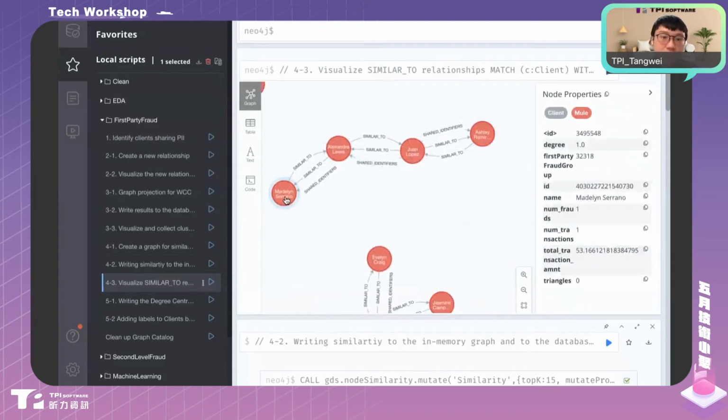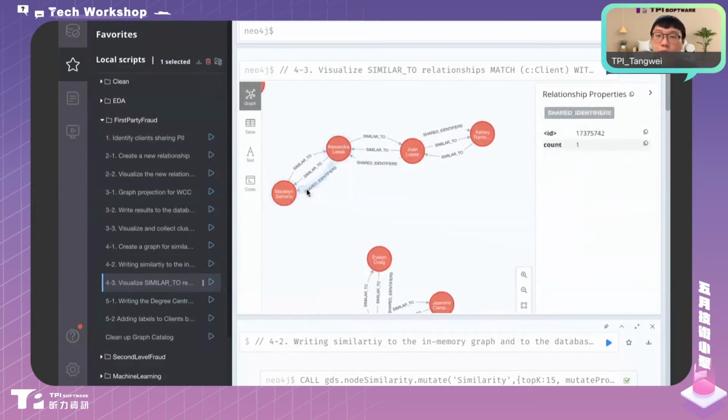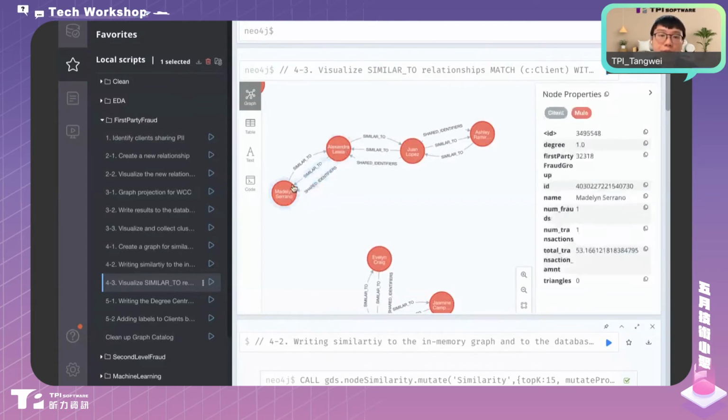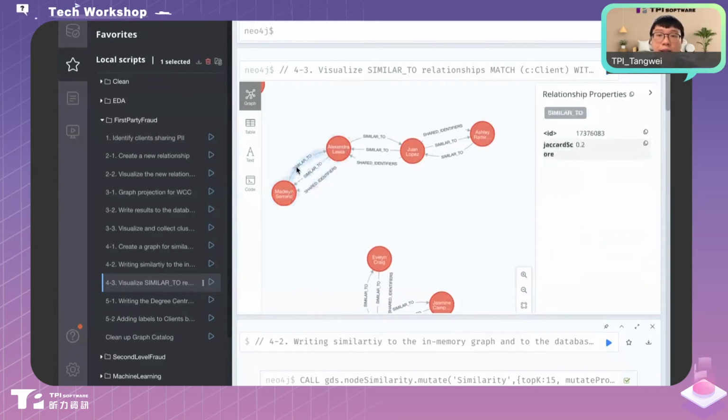We can see this kinase and this kinase share the one PII, same PII. And then we calculate the similarity score, we can see it is 0.2. So the similarity score is 0.2, or here the same, the Jaccard score.